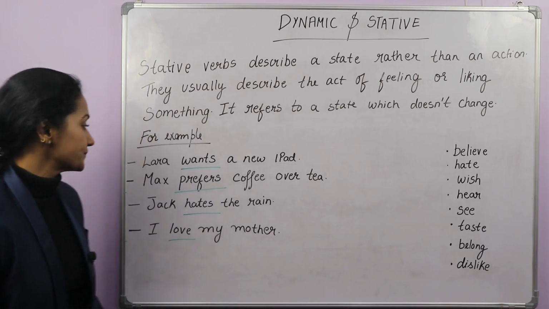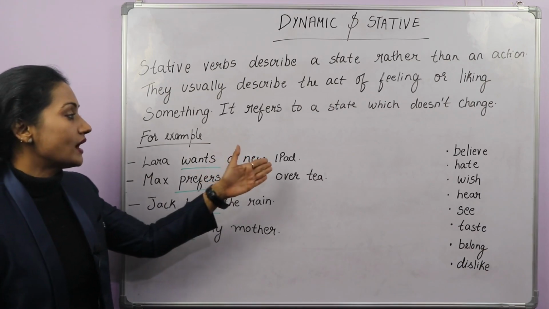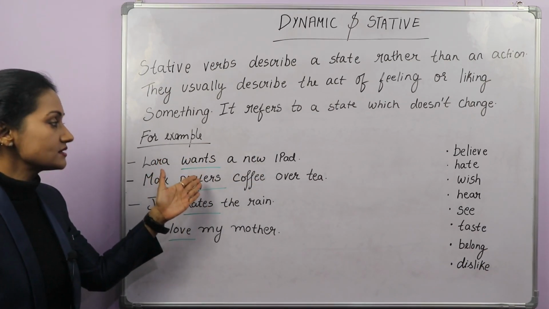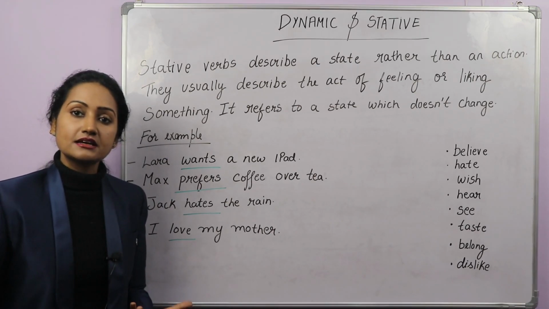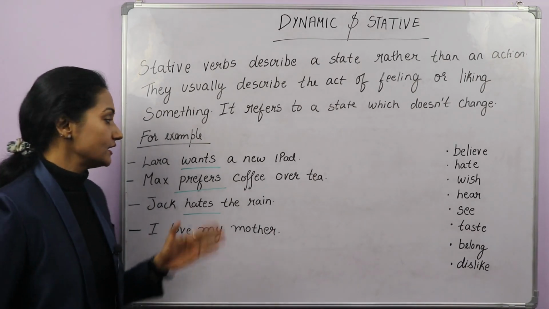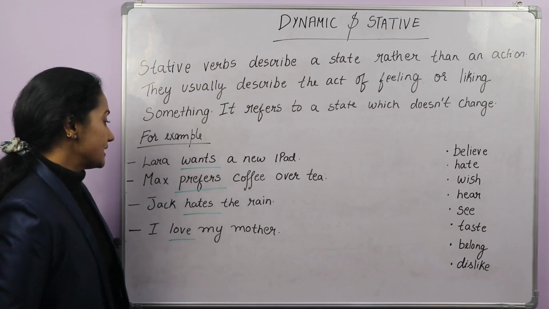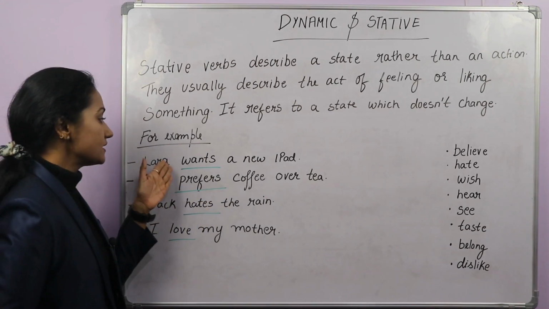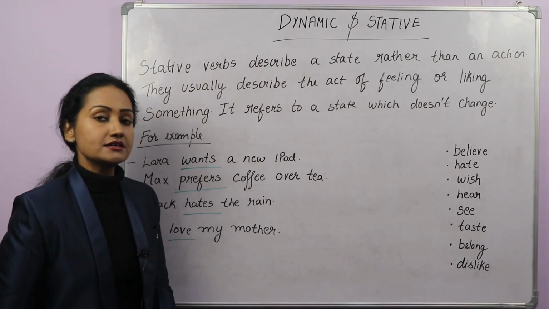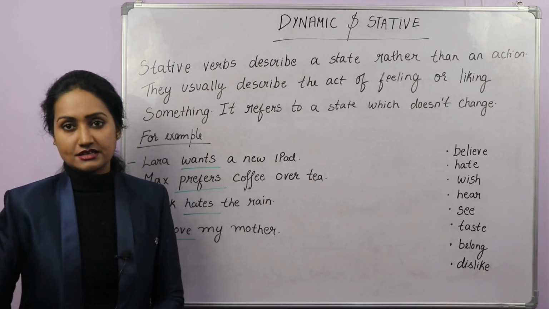For example, Lara wants a new iPad. So here want is not an action, but it is a feeling. It is a state that doesn't change. Okay. So this is a stative verb. Now if you want to make it in continuous, for example, Lara is wanting a new iPad. So that is an incorrect sentence.